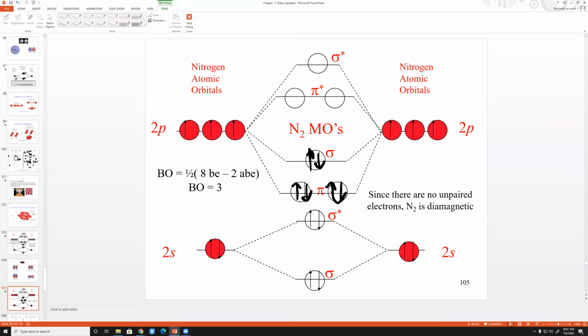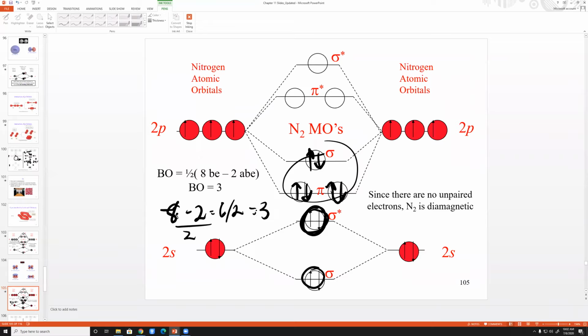Then for the bond order, we take all of the bonding, which is 2 here and 6 here. These are all bonding orbitals. The star means anti-bonding. So it'll be 8 minus 2, where 2 is the anti-bonding, which is only found in this sigma s star. So 6 divided by 2 equals 3. The bond order for nitrogen is 3.